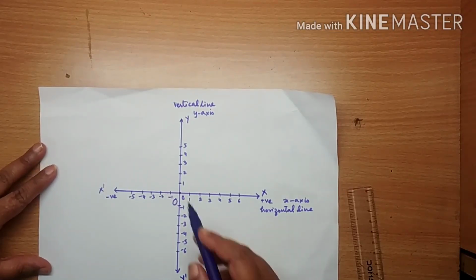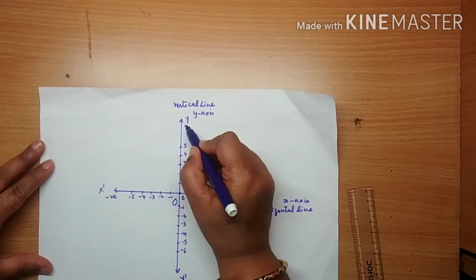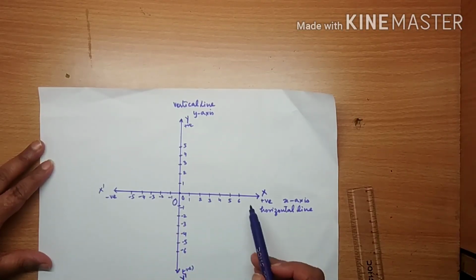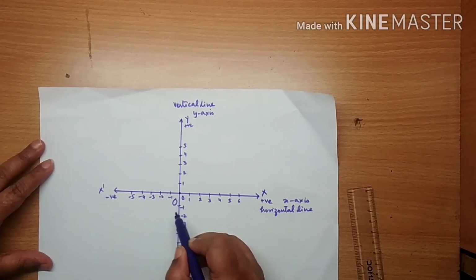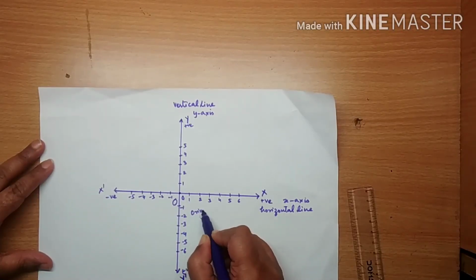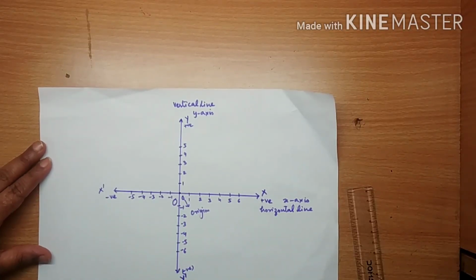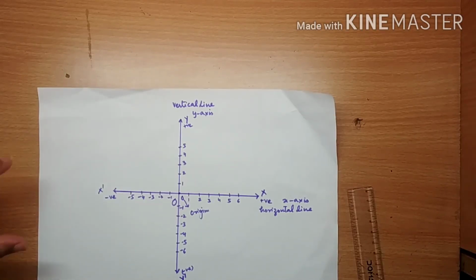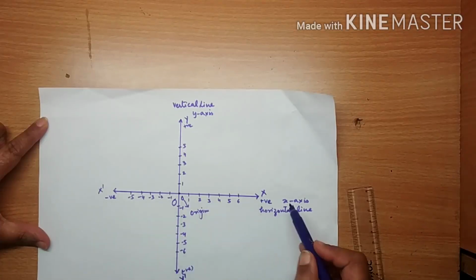So we have this vertical line is y-axis, this is positive, upper side, lower side is negative, horizontal line is called x-axis, and these two axes, they meet at the point 0, which we call origin. This point is called origin. Right? So how do we describe the position of a point using this Cartesian system? This is called Cartesian plane.